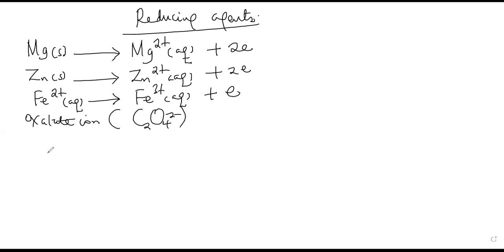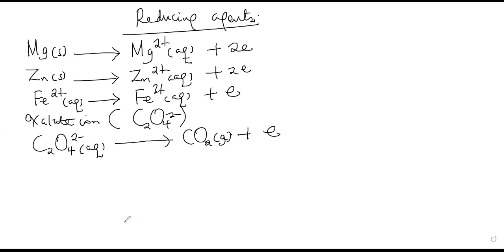The ethane dioate ion, C2O4 2-, is oxidized to carbon dioxide gas after having lost some electrons. But how many electrons? Carbons are 2, so balance them 2. Oxygens are 4, these are 4. Electrons are 2. So an oxalate ion is oxidized to carbon dioxide gas.